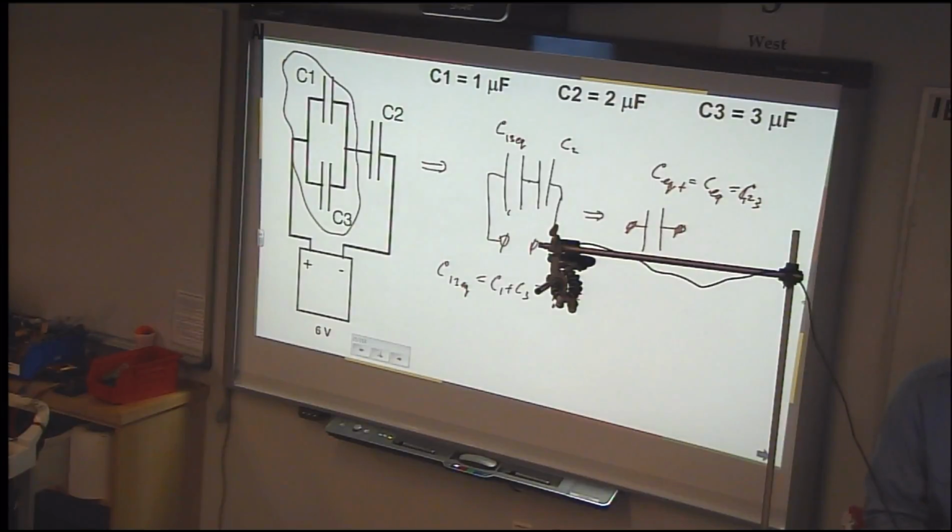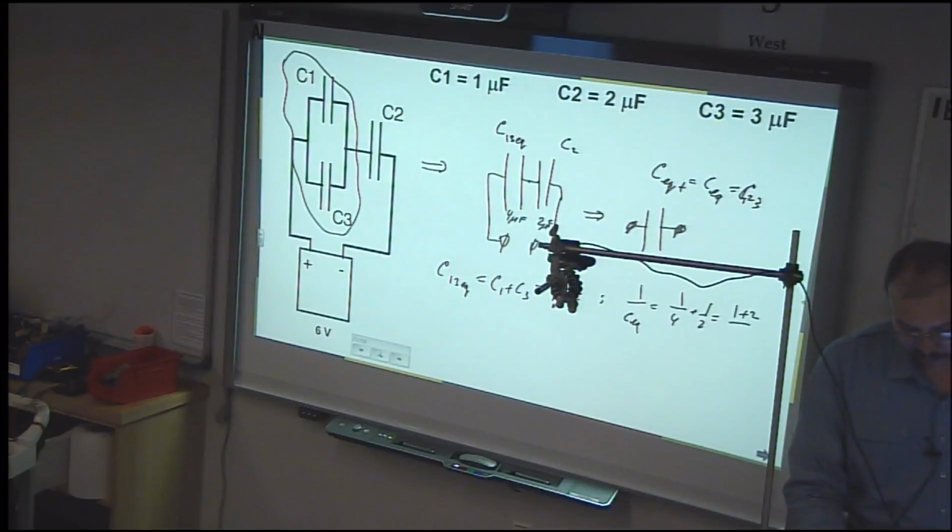So now this is 4 microfarads, and this is 2 microfarads. To make the transition to the last schematic, 1 over C equivalent should be equal to 1 over 4 plus 1 over 2, or 1 plus 2 over 4.